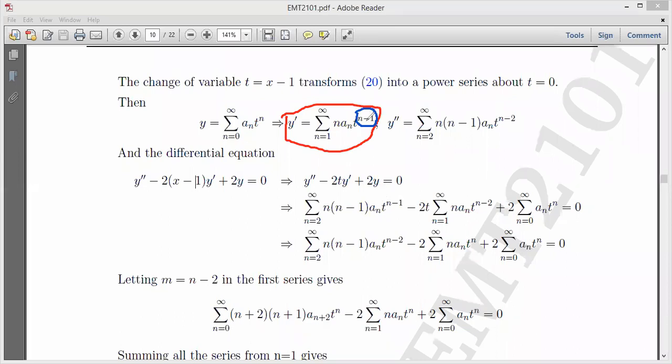So since this is n minus 1, it implies that if you come with it somewhere here, this is 1 here. That is n minus 1. And when you have n minus 1, remember this is t to the power 1 plus 1. You get this n here. I think we've corrected that one.